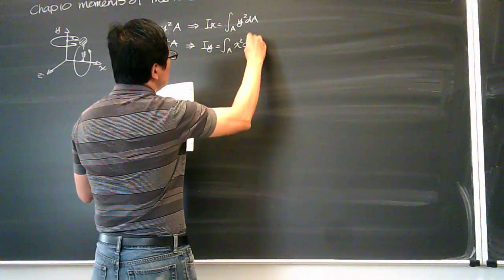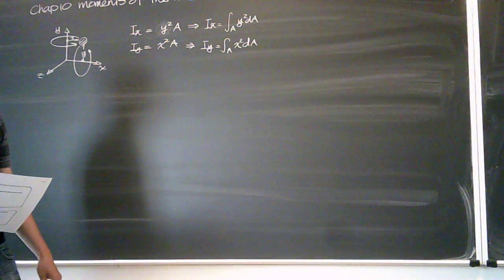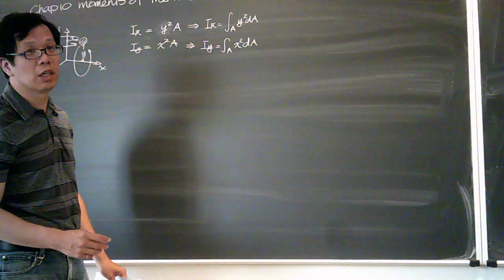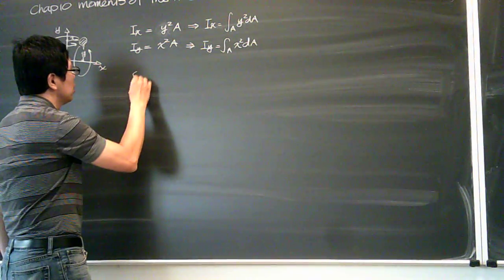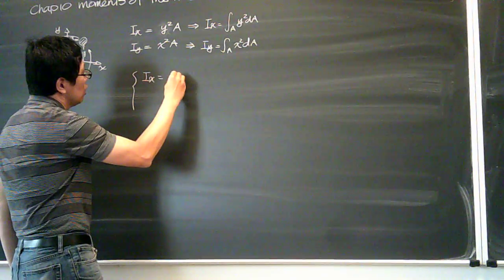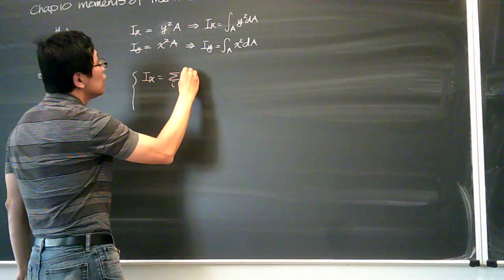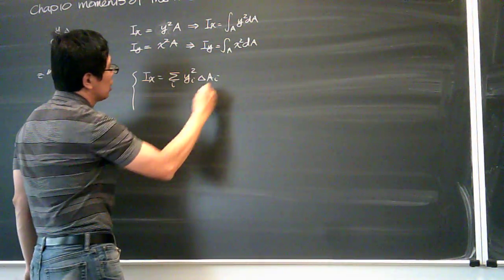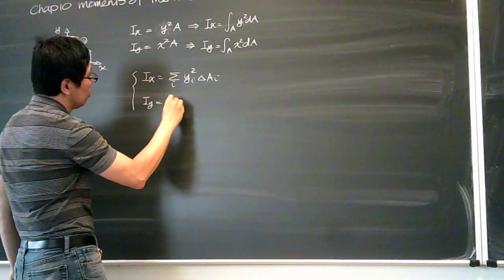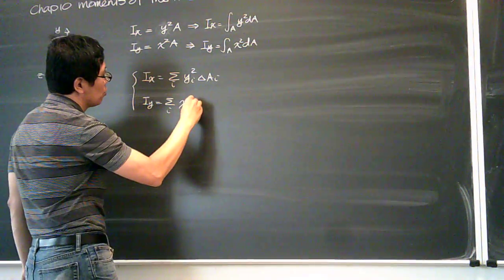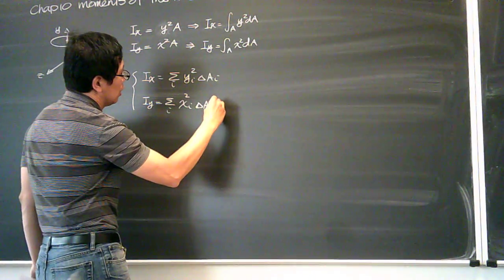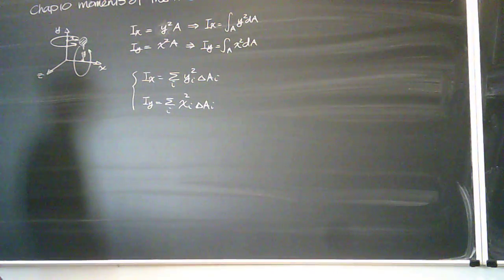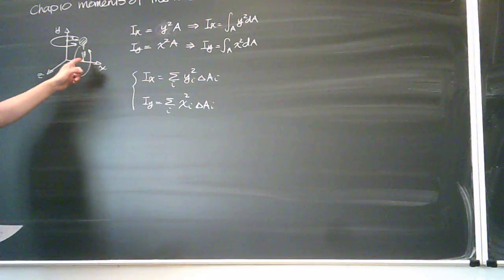So we integrate everything based on the area in pieces, or if you define everything in discrete type, then Ix is going to be the sum of yi squared delta Ai, and Iy equals the sum of xi squared delta Ai as well. So this is going to be the definition of what we have for a moment of inertia rotated about a specific axis.